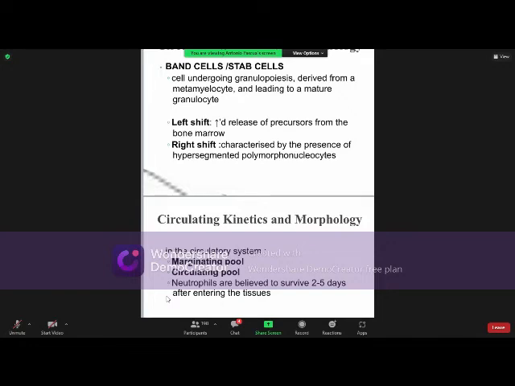Okay, more than 5. So sir, kailan po mangyayari yung hypersegmentation? Kailan po mangyayari yung shift to the right? It occurs whenever your cells did not mature properly. Okay? Hindi lang yung sa red cell. It's also applicable with white cell.